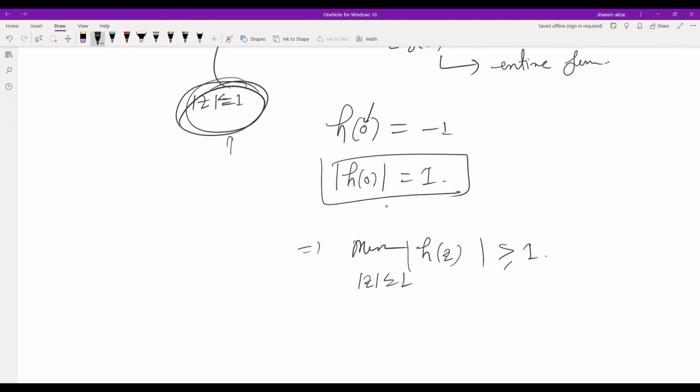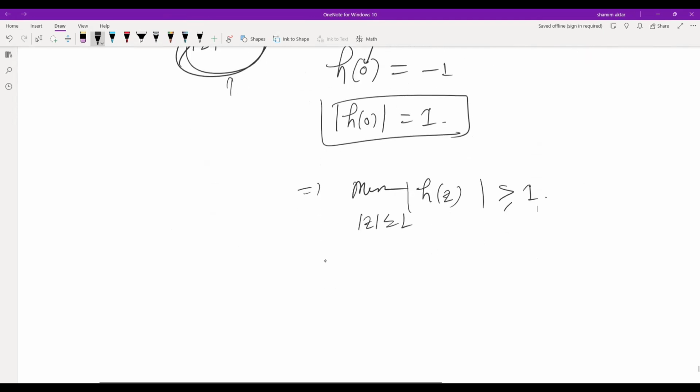So the maximum over |z| = 1 of |h(z)| is also equal to 1.